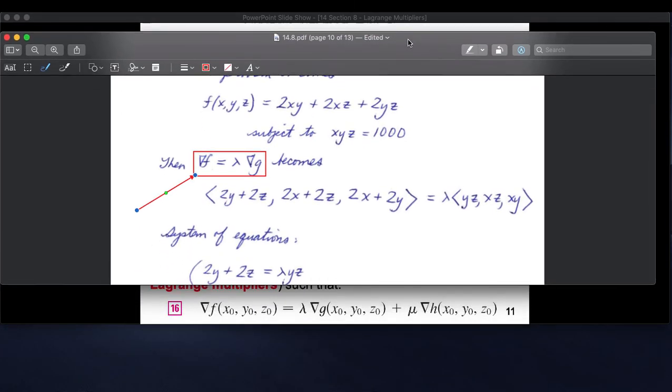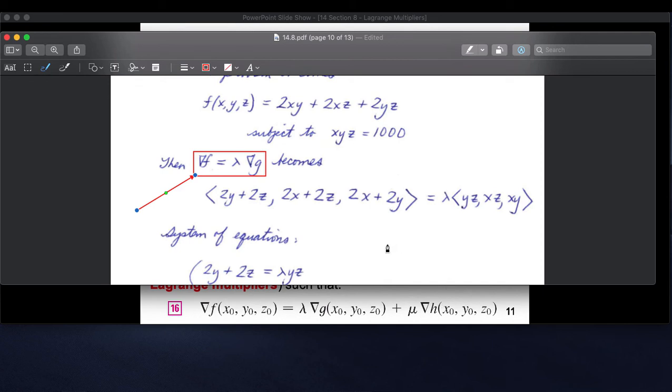So I'll say it again as I scroll up: this equation down here is the same in nature as the equation we've been using. We're going to be setting up a situation where we have a vector equal to a scalar multiple of another vector, or rather, a linear combination of two vectors.